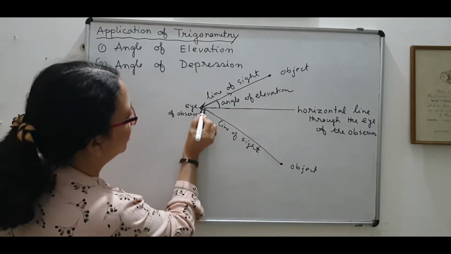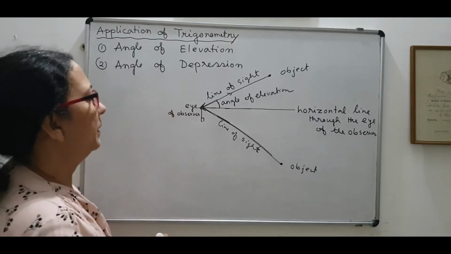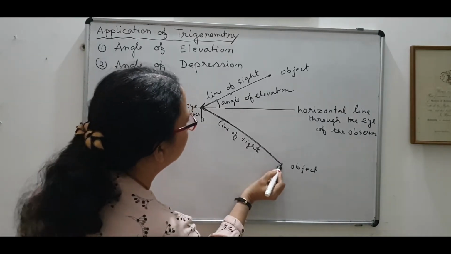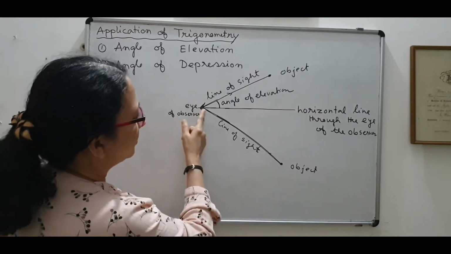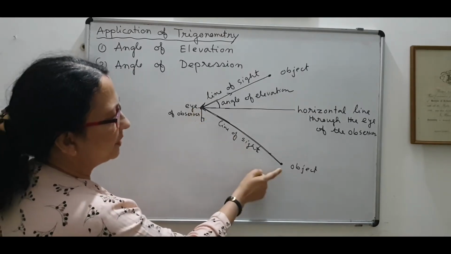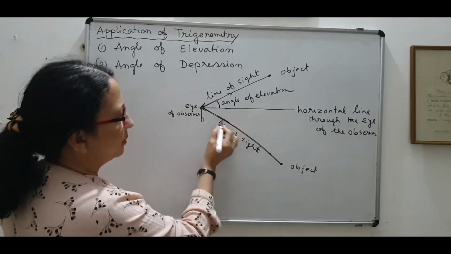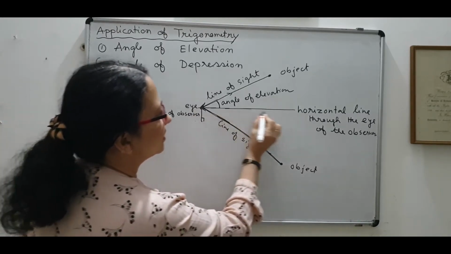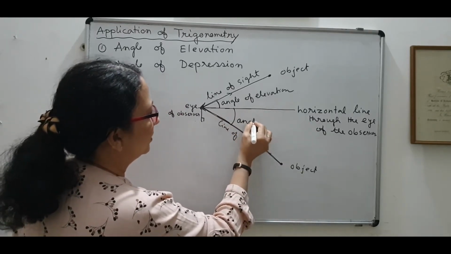Line of sight. Okay. So basically, line of sight is always the line joining the object and the eye of the observer. So then the angle between this line of sight and the horizontal line through the eye of the observer will be known as angle of depression.